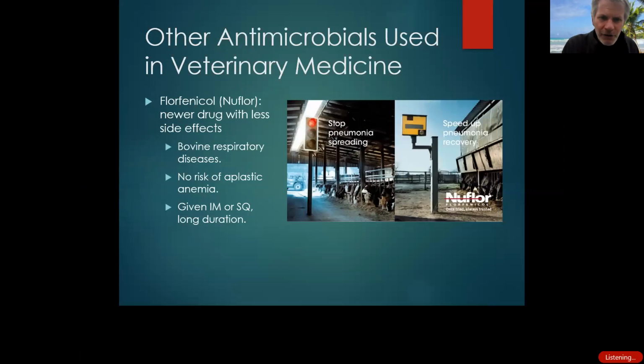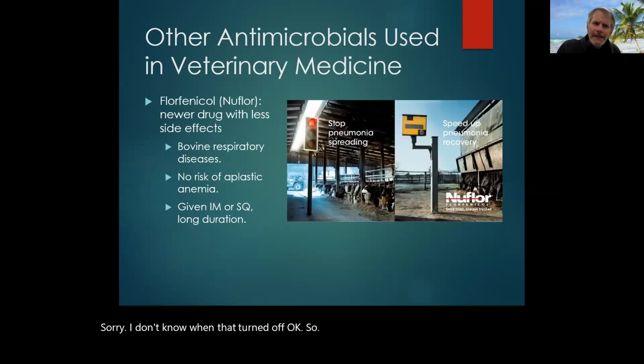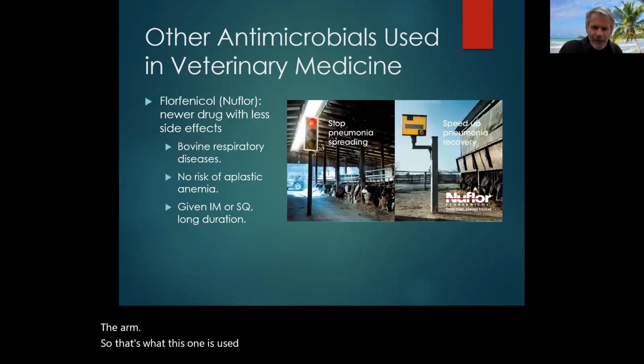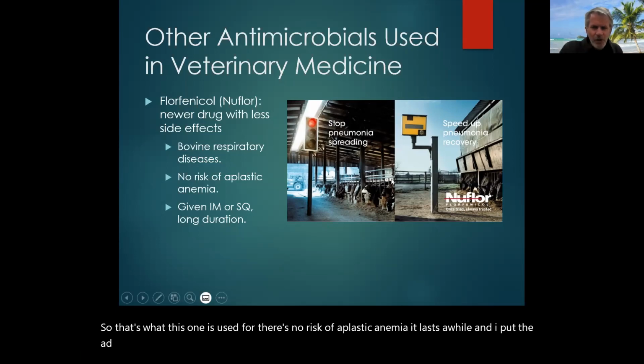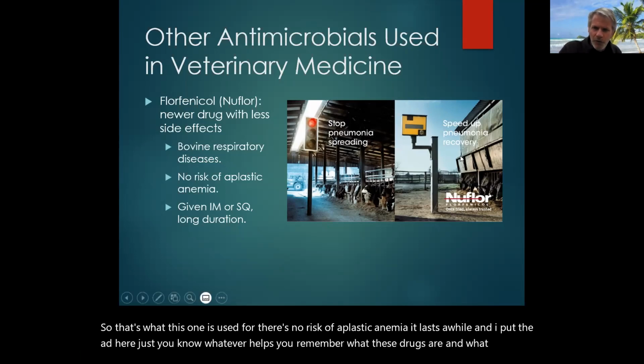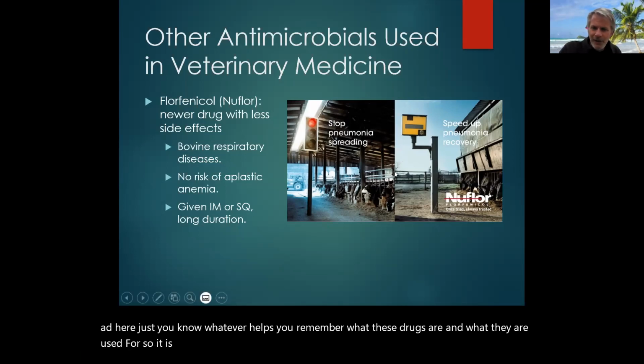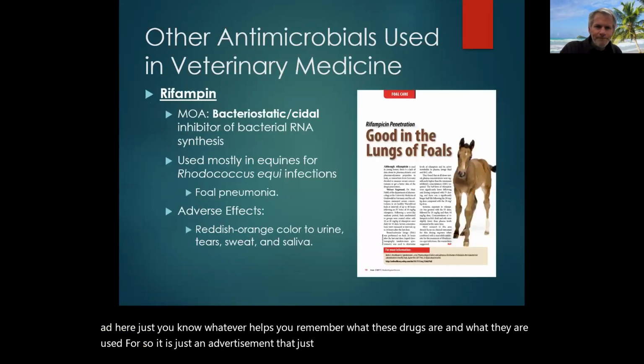Sorry, I don't know when that turned off. So that's what this one's used for. There's no risk of aplastic anemia. It lasts a while, and I put the ad here just, you know, whatever helps you remember what these drugs are and what they're used for. So it's just an advertisement that just mentions Nuflor.